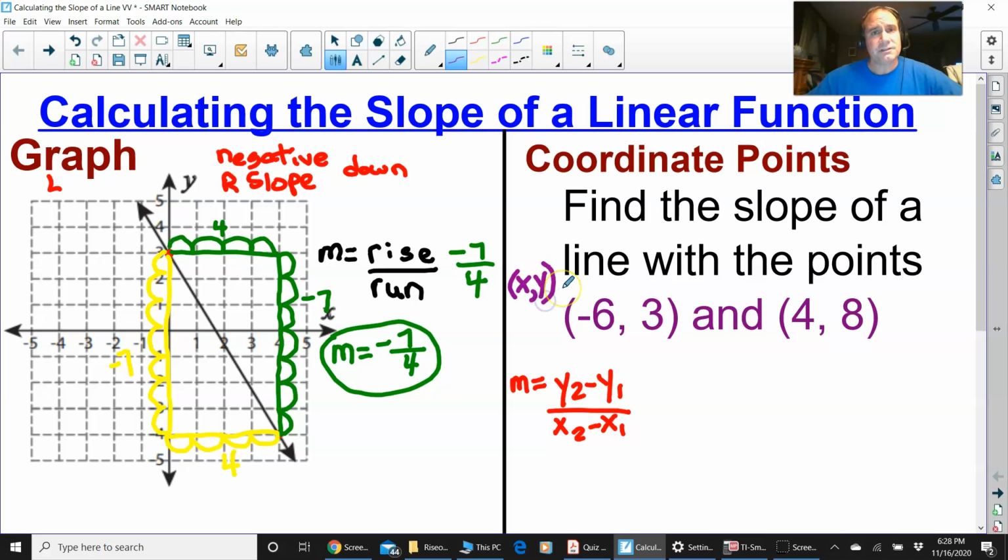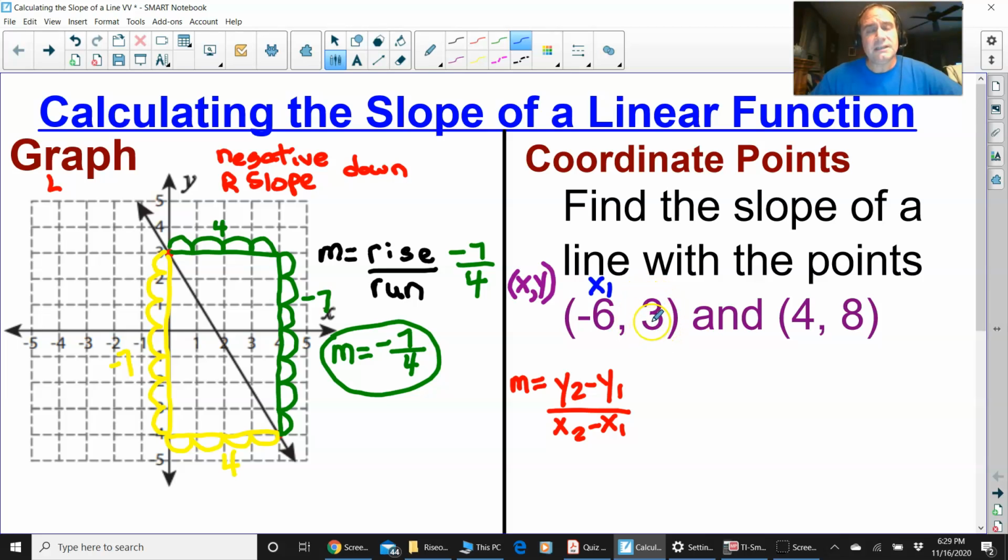X comes first, and then y comes second. So we're going to talk about the coordinate -6, comma 3. -6 is an x value. It's the first x value that you're reading. So we're going to label it x1.